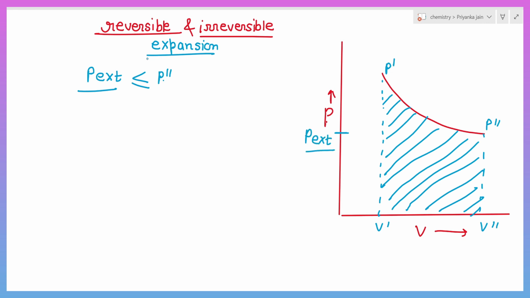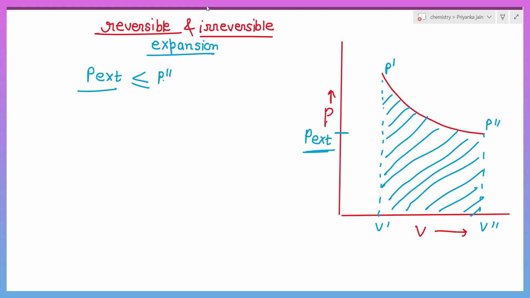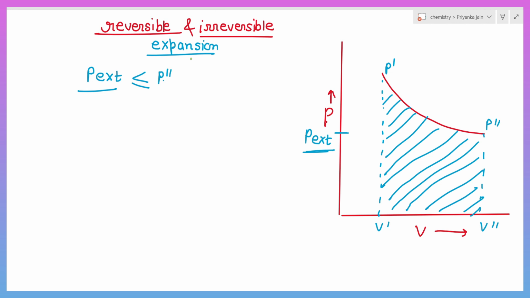If we are showing the irreversible expansion in the same graph, then how can we show it? See here. This is the P external that will always be lesser than the final pressure. Okay, suppose it is here. Then if we want to show the irreversible process, this line will come here. See here.